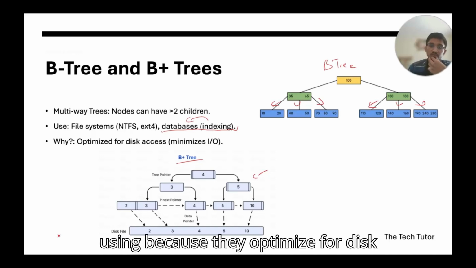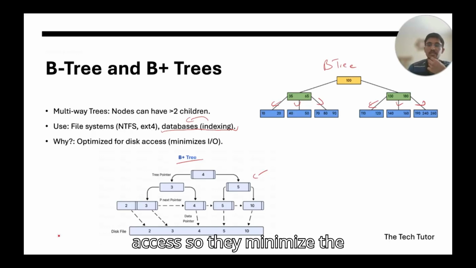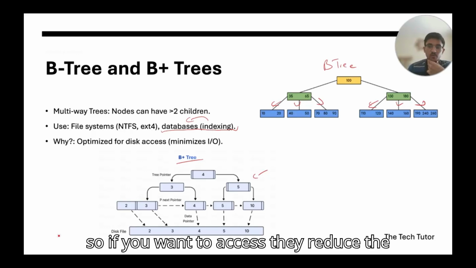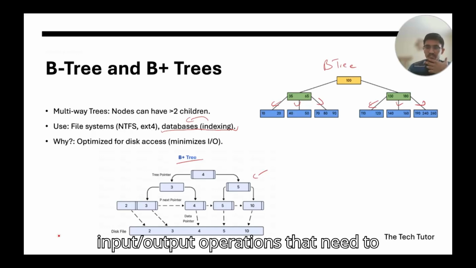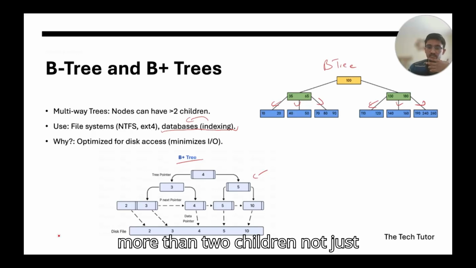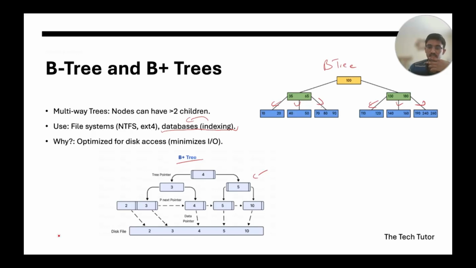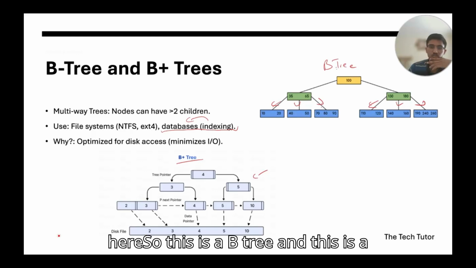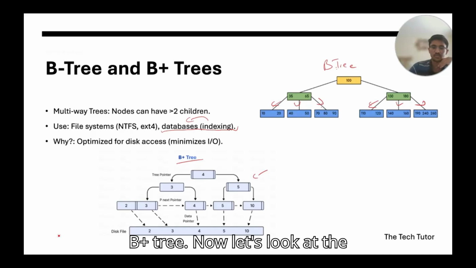Because they optimize for disk access. They minimize the input/output operations that need to happen. And as you can see, it has more than 2 children, not just 2. It has 3 children over here. So this is a B tree, and this is a B+ tree.